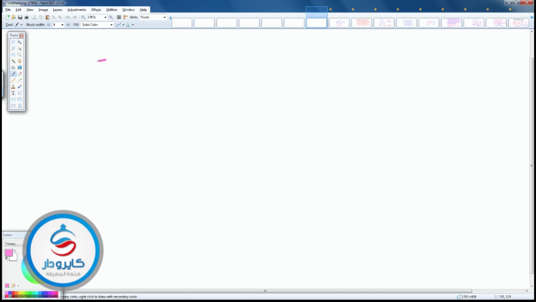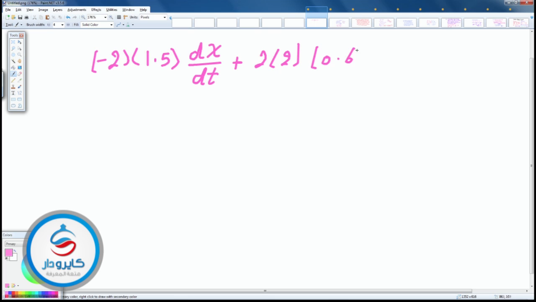That means negative 2, because it decreases, multiply 1.5 dx over dt, plus 2 times 2 times 0.6 equals 0.